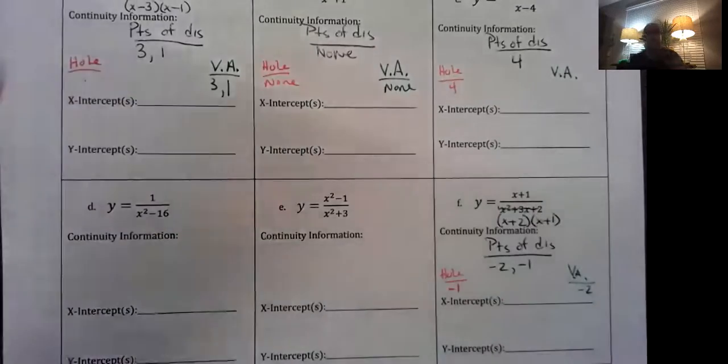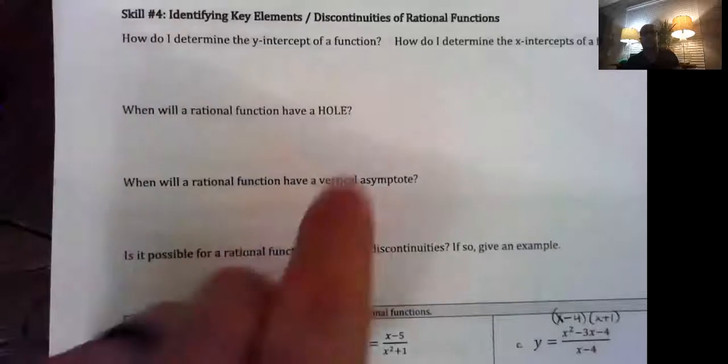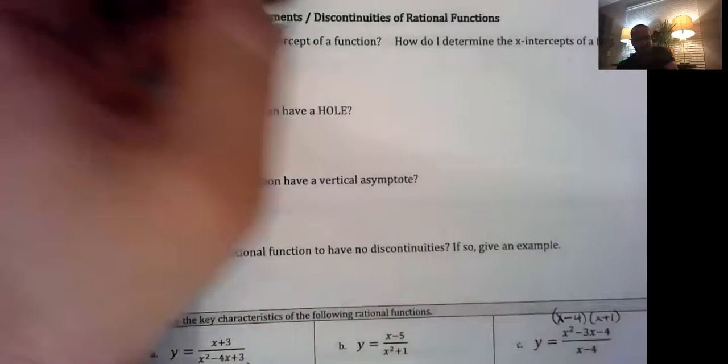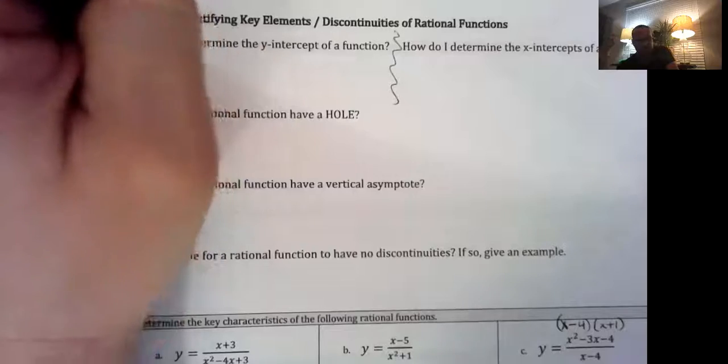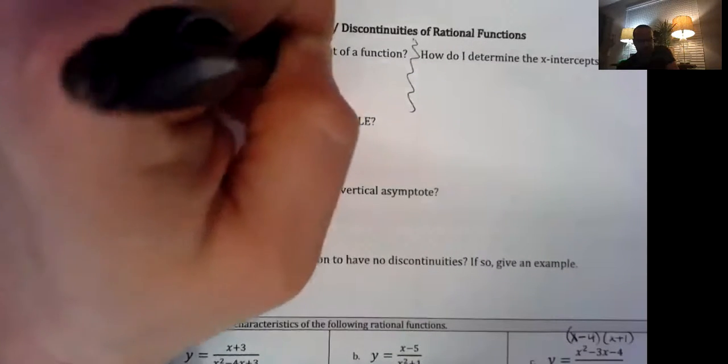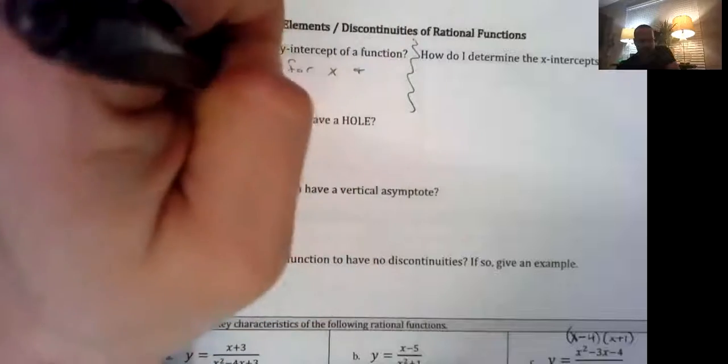All right. Let's go back up here and get a quick reminder of what to do, especially with how to find the y-intercept. How do you find the y-intercept of any function? You plug 0 in for x and you simplify.